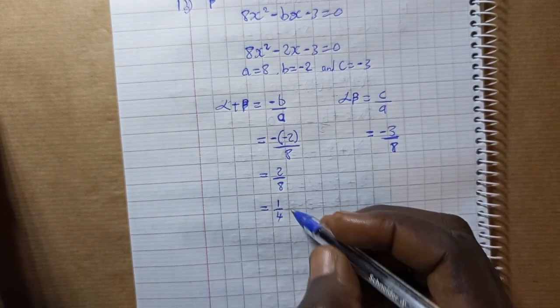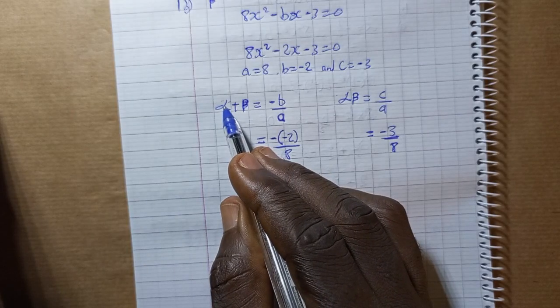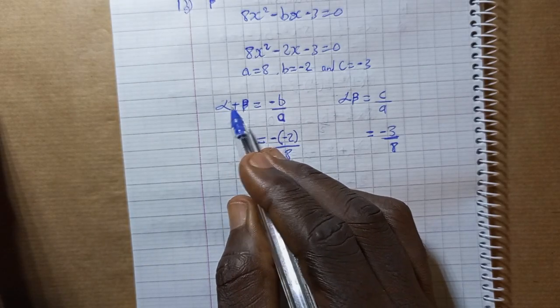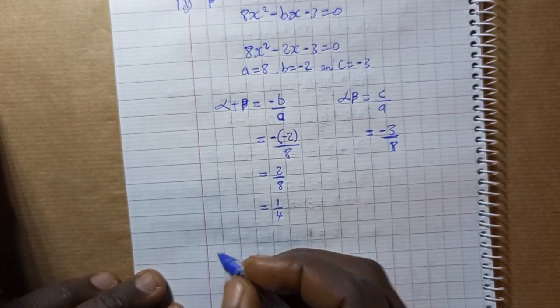Now we can use this to find the other root. Remember, the sum of these two is equal to this.